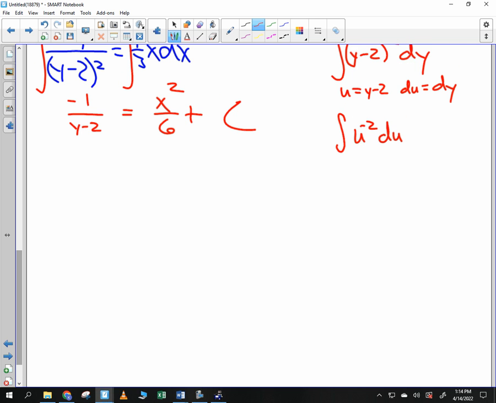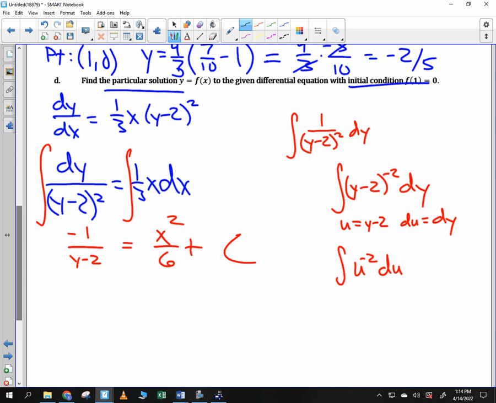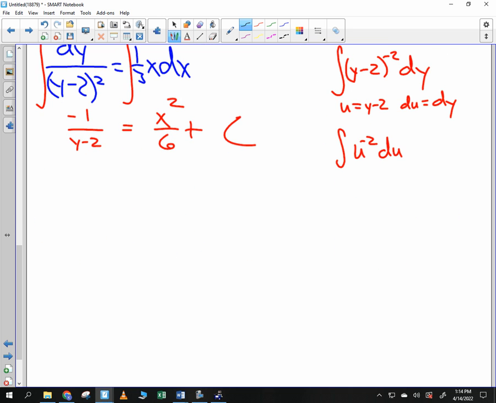Okay, I want to solve for y. You could deal with your initial condition right now. I don't say find the general and the particular, do I? So should we find C right now? Okay, let's find C. What do you plug in for y? y is 0, so I get 1/2 is equal to, well, I plug in 0 here, I get negative 1 over negative 2.